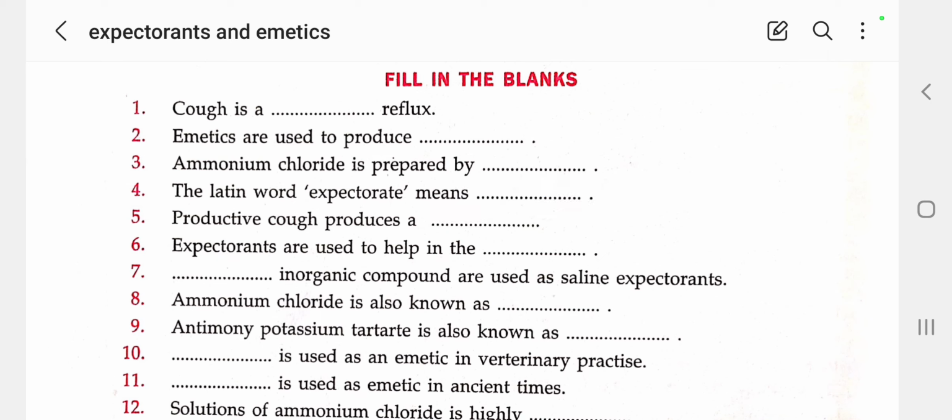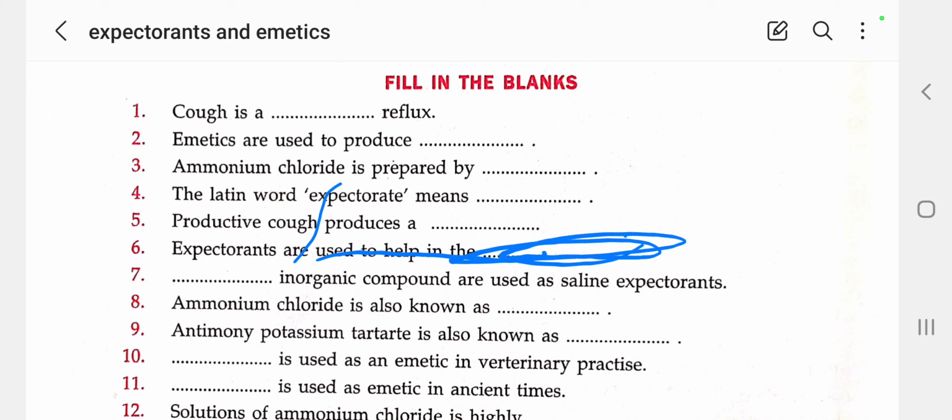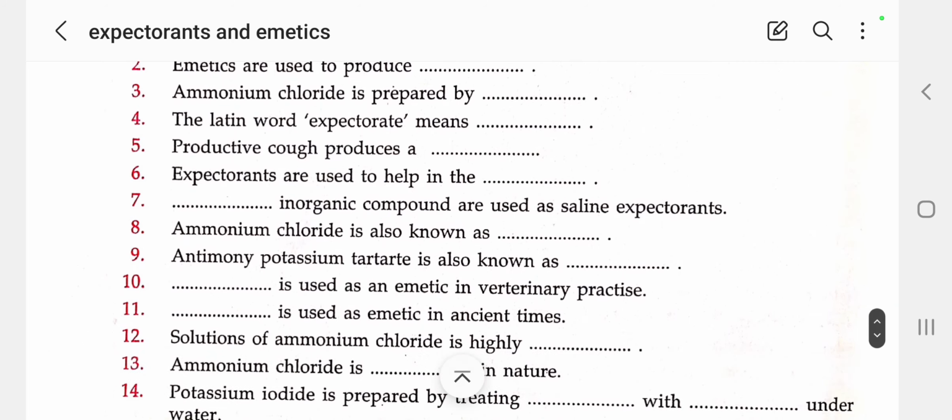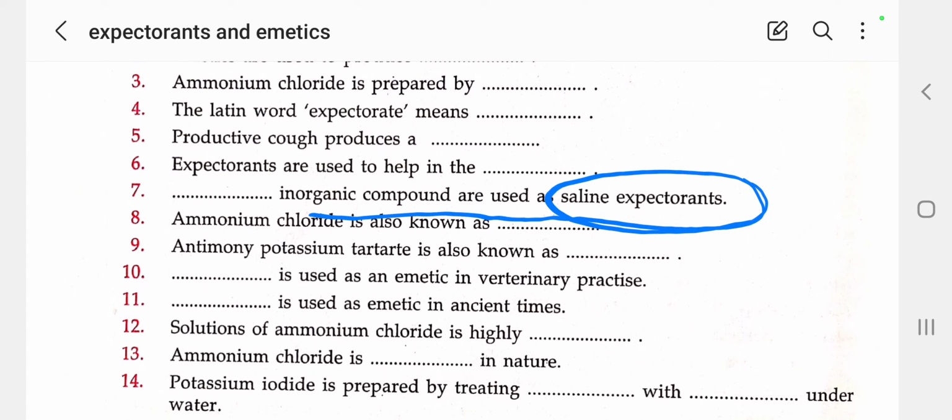Next, protective cough produces mucus, and expectorants are used to help in the removal of secretion. Next, dash inorganic compounds are used as saline expectorant. I told you potassium iodide and ammonium chloride.